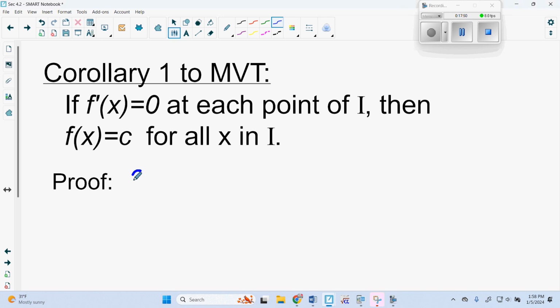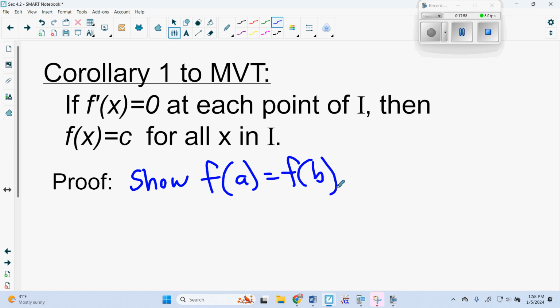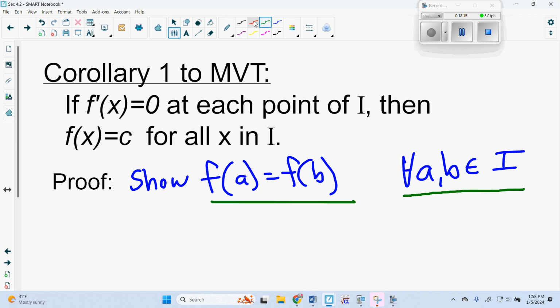If you take the derivative for a whole bunch of points and they always equal 0, then your original function is probably a constant. So let's talk about what we want to do. What we want to show here is if we pick any 2 points in our interval, and the way I'll write this is like this, for all A and B contained in the interval, f of A equals f of B. So we want to show that's true.